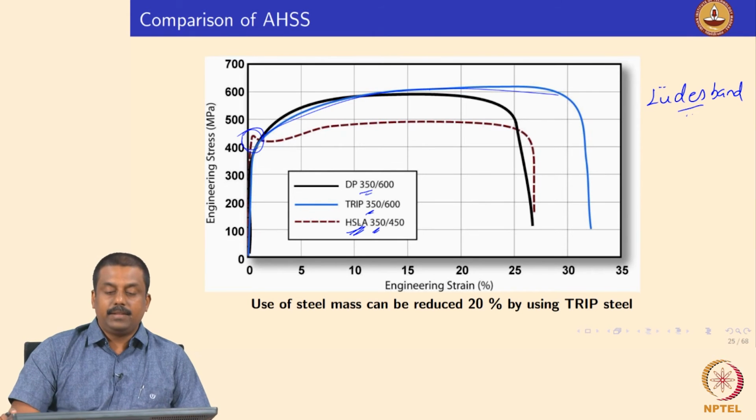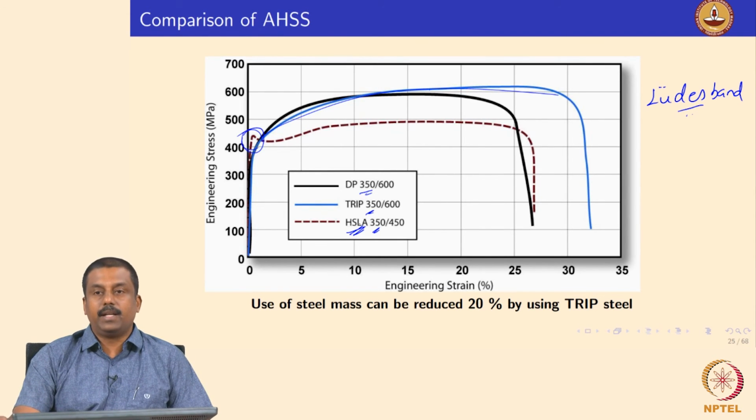Okay, so we would like to summarize here. We looked at the various modern advanced AHSS steels, and how these steels were found to be attractive compared to the conventionally used ferritic pearlitic or simple pure ferritic based steels. We also looked at the steels that are getting developed, for example TRIP steel or austenitic stainless steels, and why we need to have a diagonal growth in elongation as well as strength in the material.